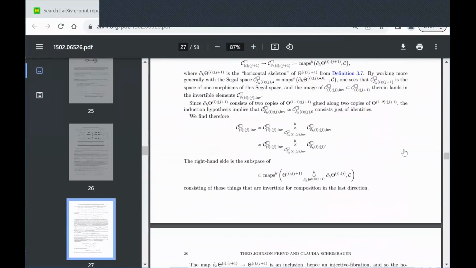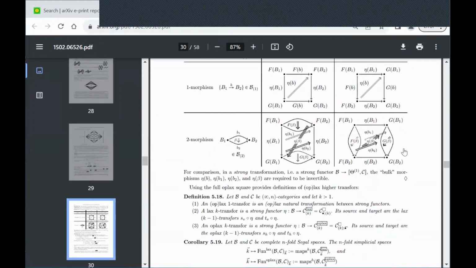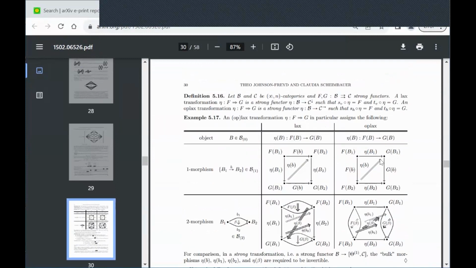Where is it? Sorry. Yeah. So in this notion of arrow category, objects in the arrow category are one-morphisms between two objects.